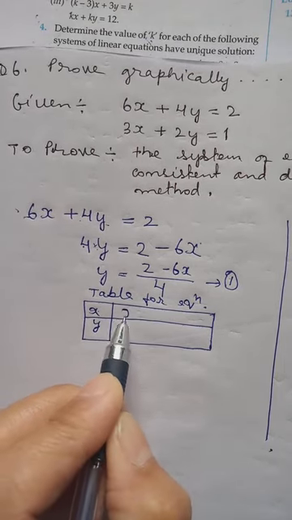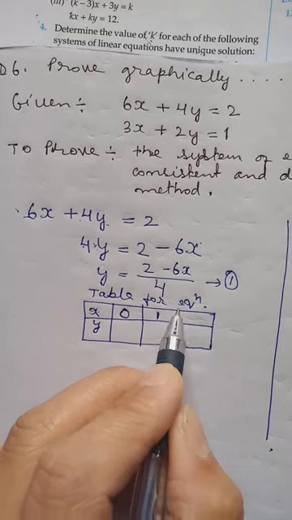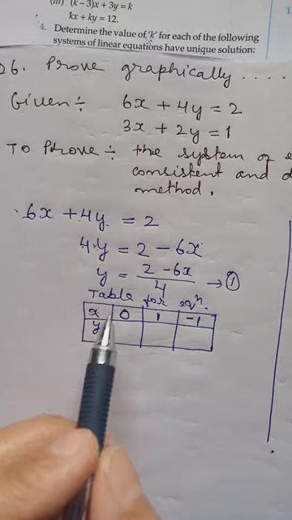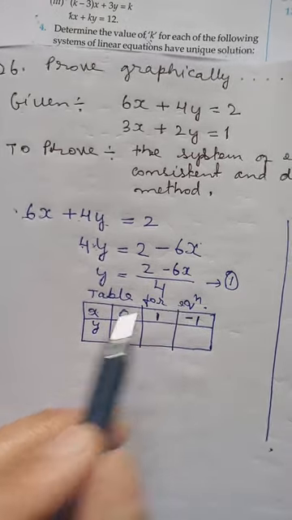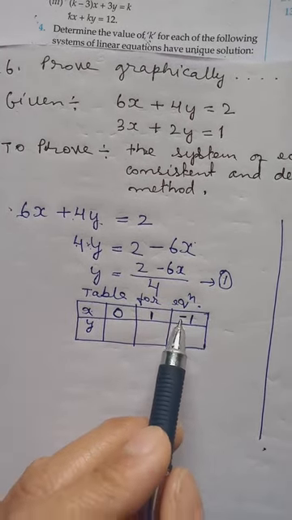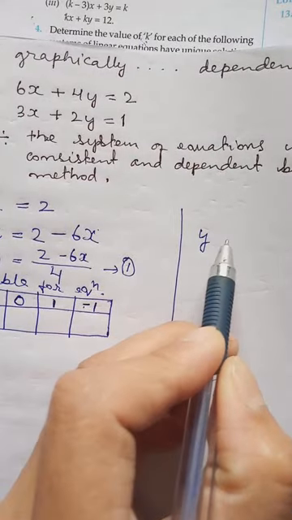So I may choose 0, then 1, or minus 1. First, in place of x we will put 0 using this equation. Second we will put 1, and the third we will put minus 1. Then we will calculate y in the rough work.